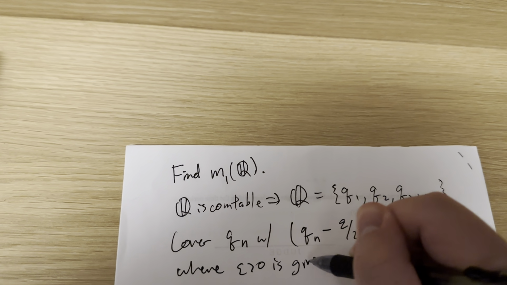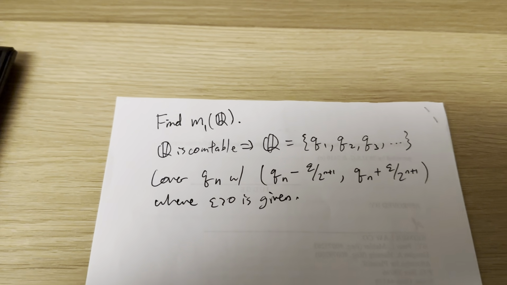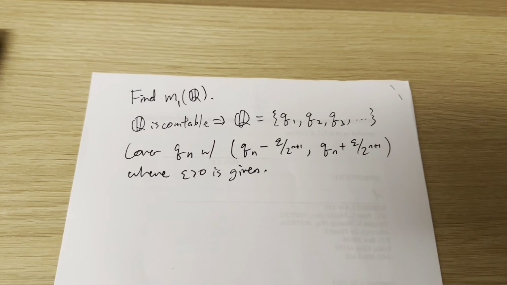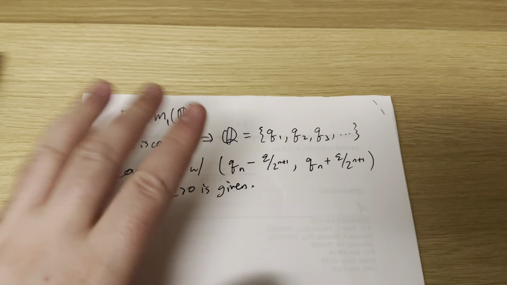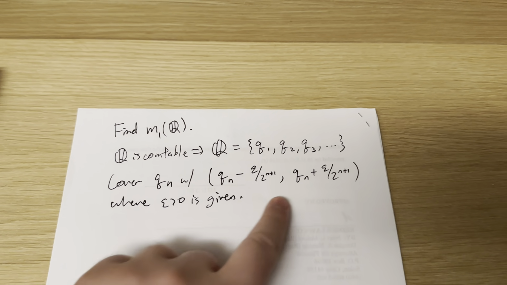I should have written that first, so forgive me. I committed the cardinal sin of analysts as I did not start with our adage, let epsilon be given, and then write everything else.